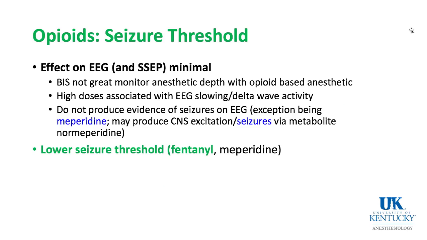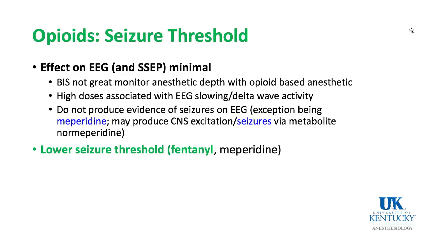The next key word is opioids and seizure threshold. Fentanyl can lower the seizure threshold, but let's broaden the topic just a bit and look at opioids' effect on the electroencephalogram and SSEPs. In general, the opioid effect on SSEP signals is minimal.